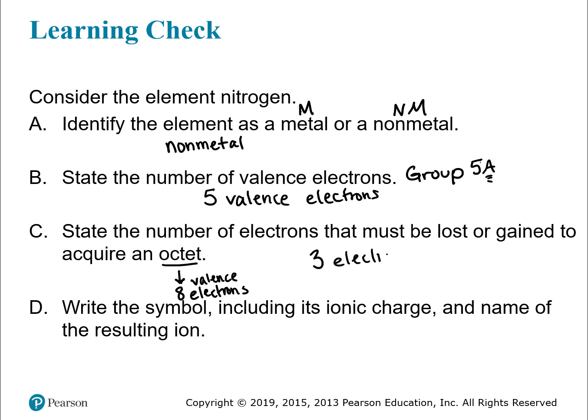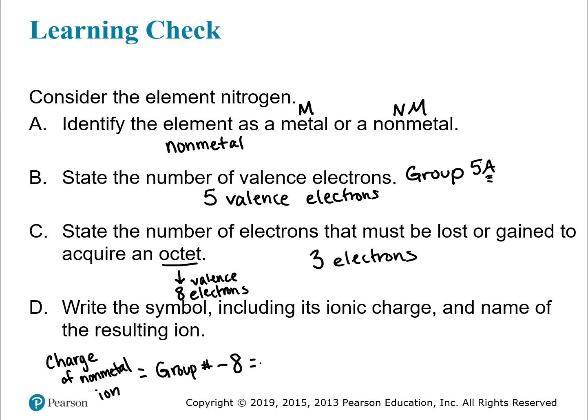Now we've got to write the symbol including its ionic charge and name of the resulting ion. To figure out the charge of a nonmetal when it becomes an ion, you take the group number and subtract 8.